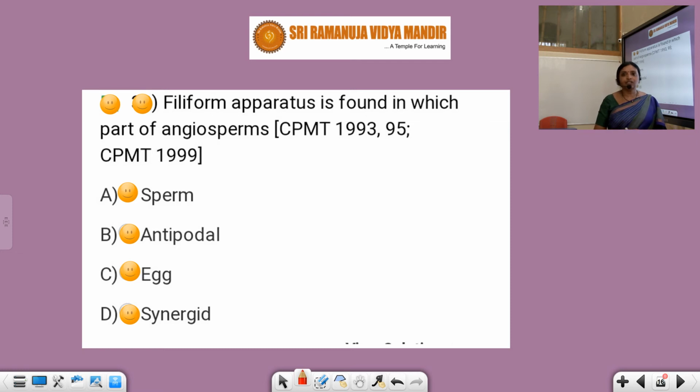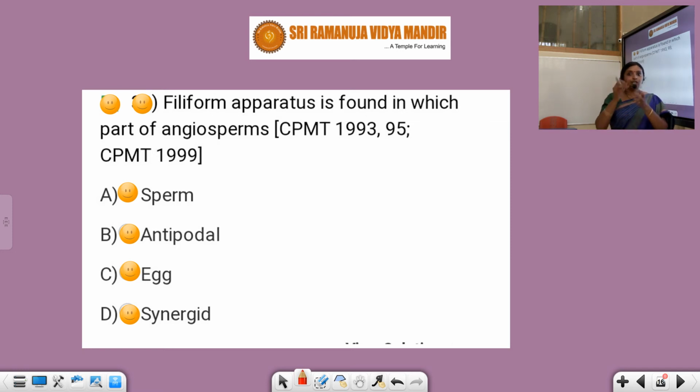What is the function of the filiform apparatus? It takes food from the nucellus and provides food to the developing embryo sac. And it also facilitates the growth of the pollen tube into the embryo sac.